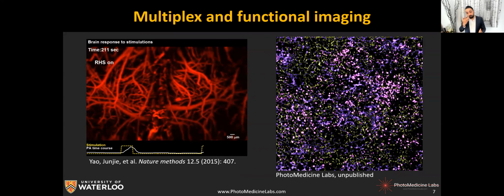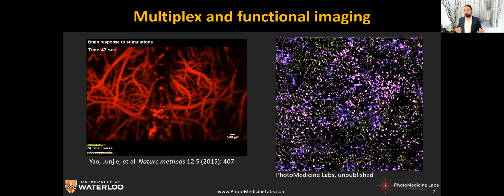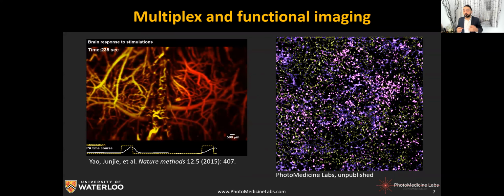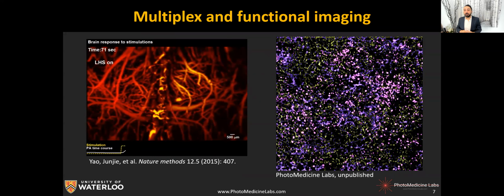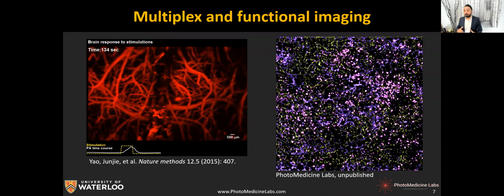In this specific video, the animal gets stimulated, and based on where the animal gets stimulated, different sides of the brain start lighting up. Lighting up means oxygenation. Because we can very accurately and quickly measure oxygenation with photoacoustic, we can see the brain activity based on the amount of oxygen consumption or oxygenation.